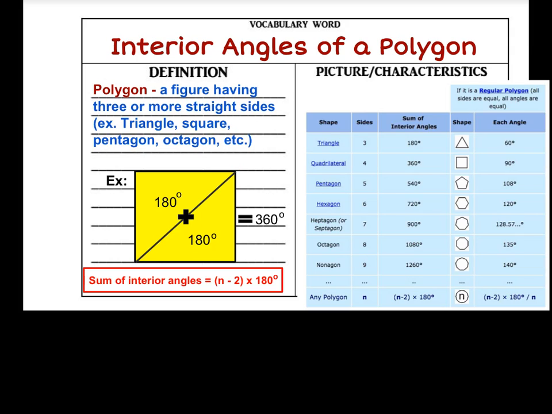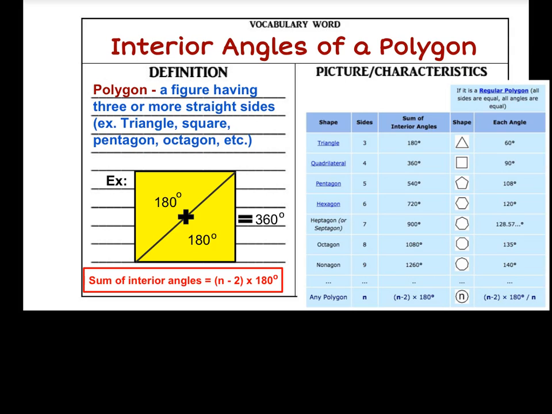And if we take those two and add them together, then the sum of the interior angles of this quadrilateral would have to equal 360. And it's the same thing for all the other polygons.